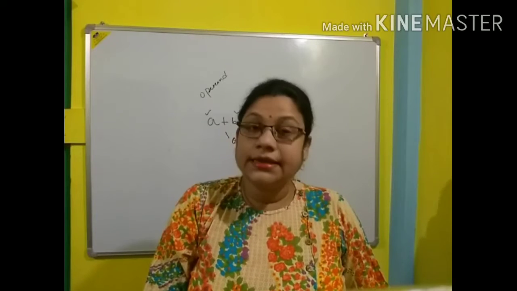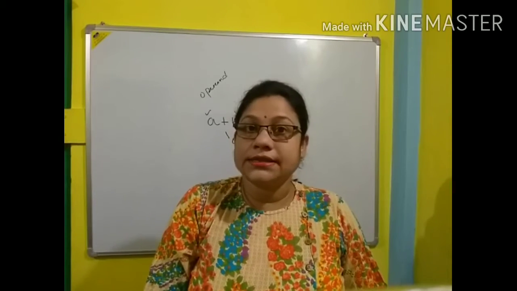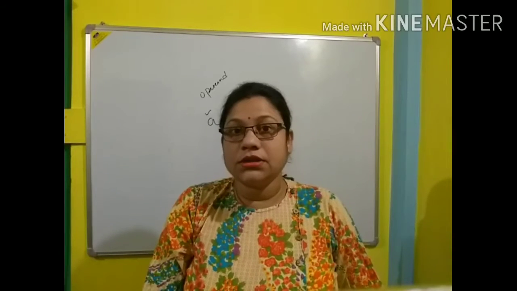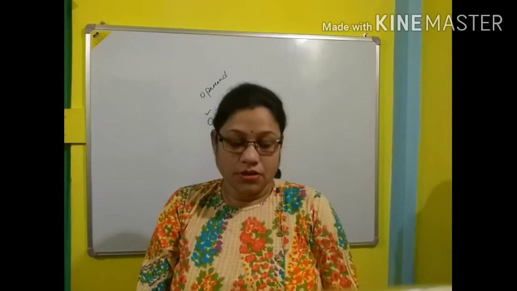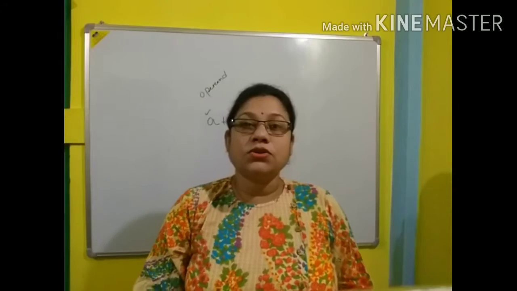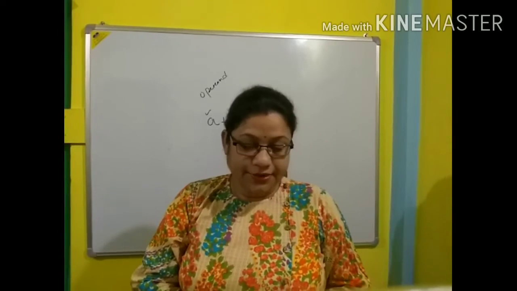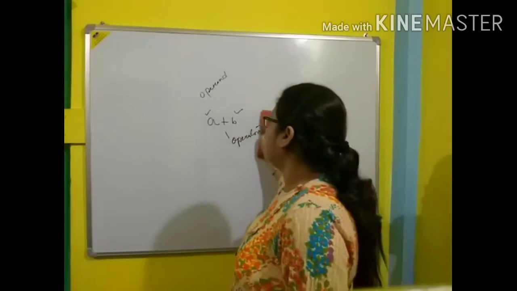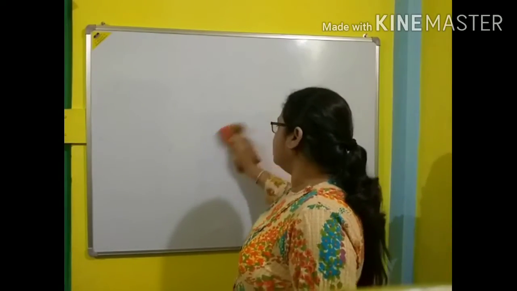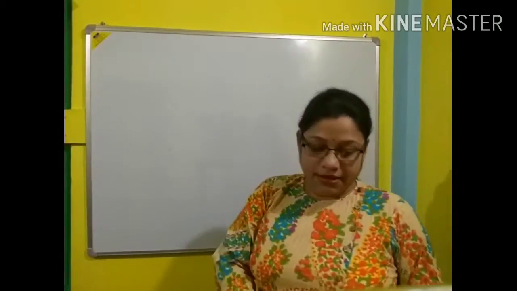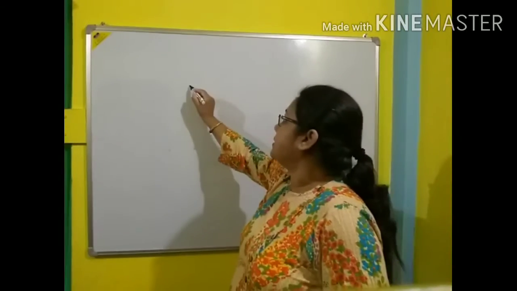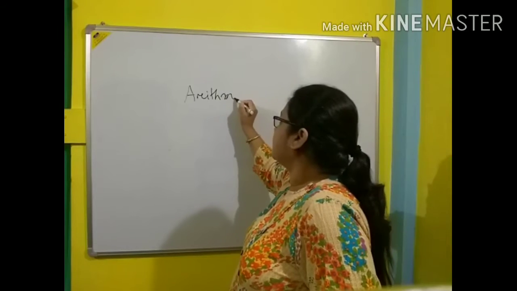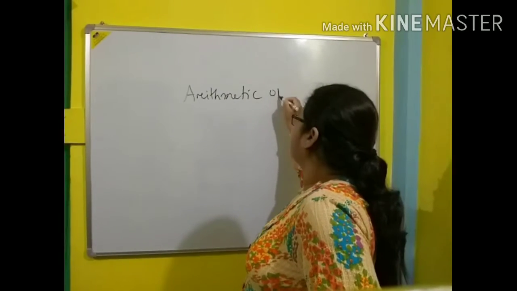Now, in this chapter, we are going to discuss different types of operators that are used in JavaScript. Okay, so the most common one is the arithmetic operator. The first operator that we are going to use in JavaScript is known as the arithmetic operator.